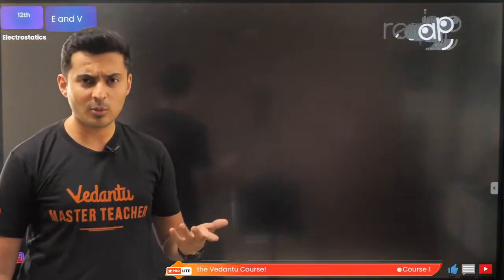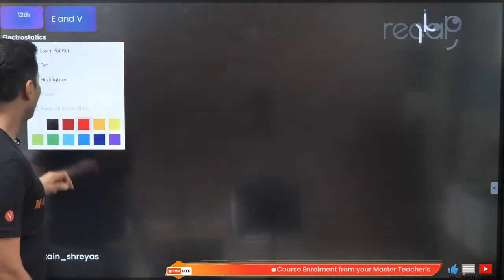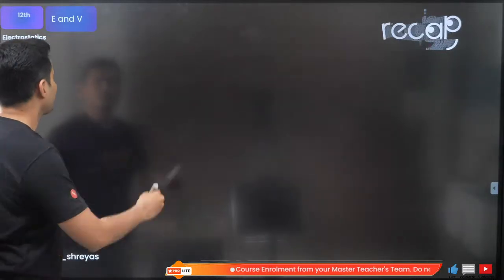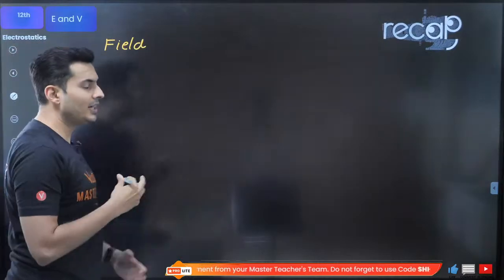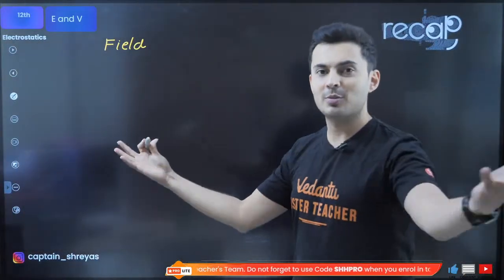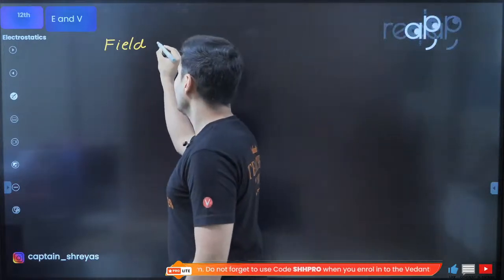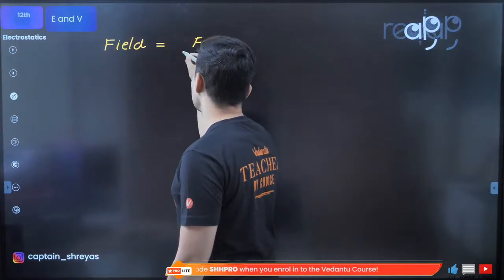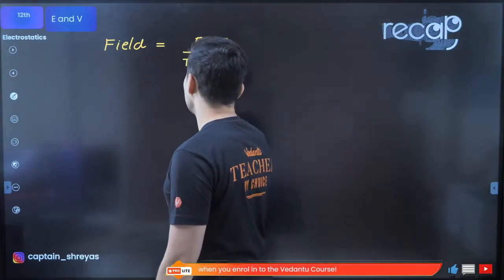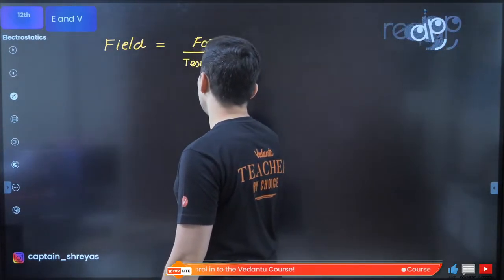So let's start with a quick recap of what we have done till the last lecture. And mainly, I just want to recollect field as well as potential. See, field, if you recollect, is something which is produced by a charge everywhere. Any charge produces field around it, and field is defined as the force which acts per unit test positive charge, right?